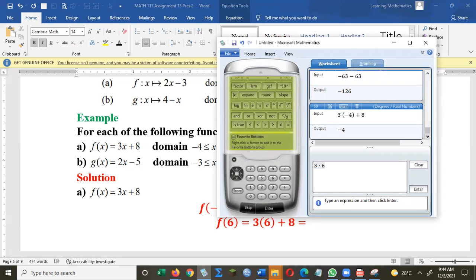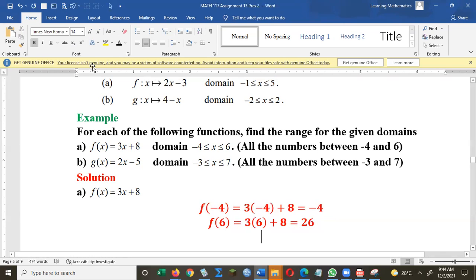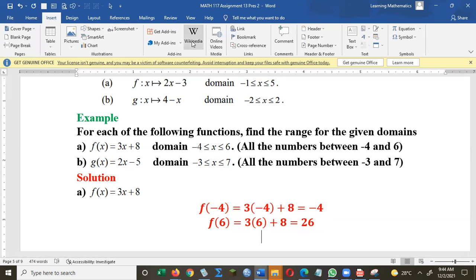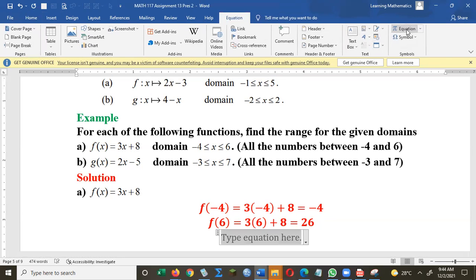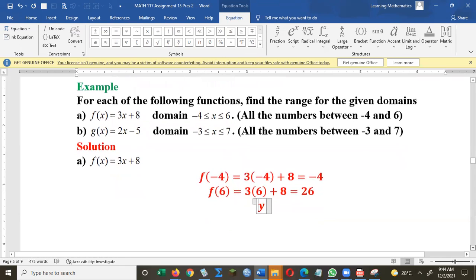You're not required to list the numbers. So these are the two range values. You write it out exactly like that, but you use the letter Y. Remember, the letter for range is Y, because you're finding range.